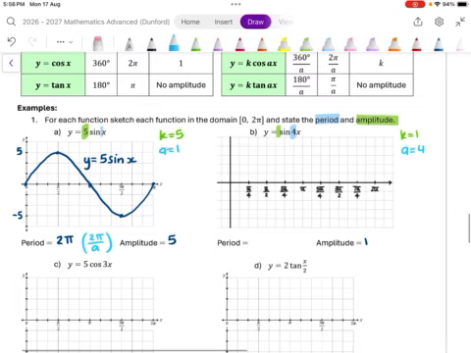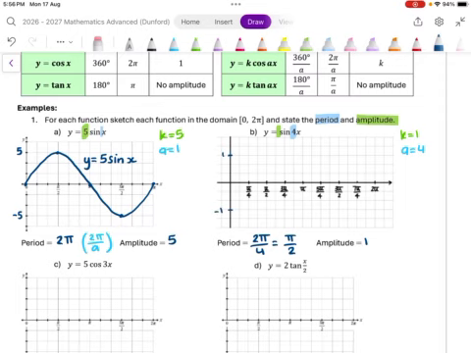So remember, our period is 2 pi on a. So our period is going to be 2 pi over 4, which is equal to pi on 2. So we're going to be repeating ourselves every pi on 2. Now, our amplitude is 1, so we're just going to go up 1, down to minus 1.